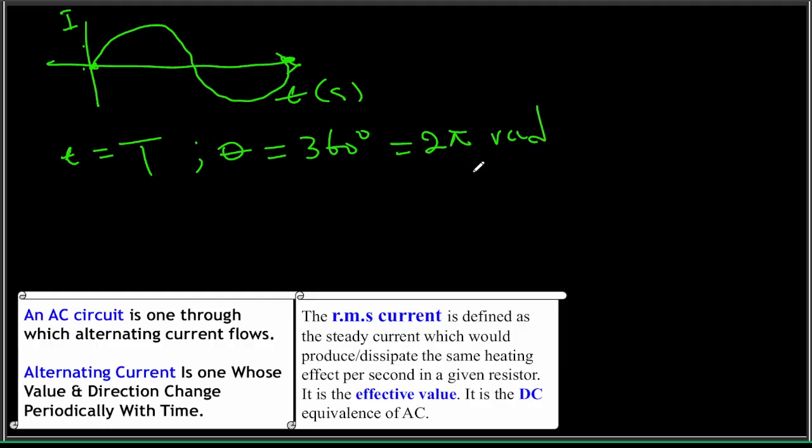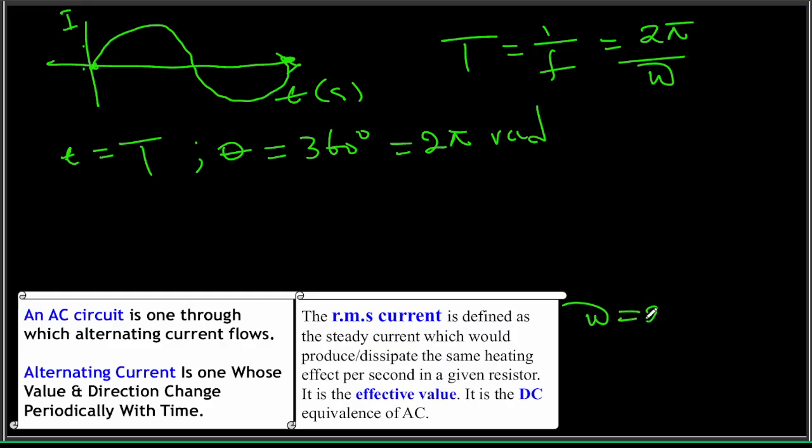Now I also need you to know that period is not just equal to 1 over f. Period is also equal to 2 pi over omega. Do you remember? Let me prove it. You remember that omega is equal to 2 pi f. So if f is equal to 1 over period, omega is equal to 2 pi times 1 over period.